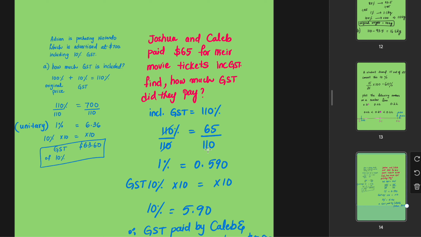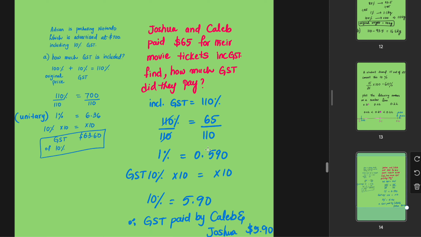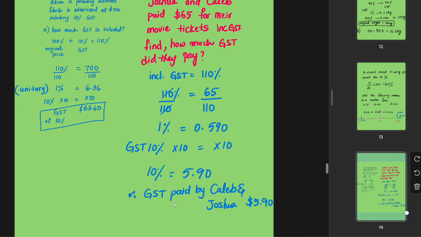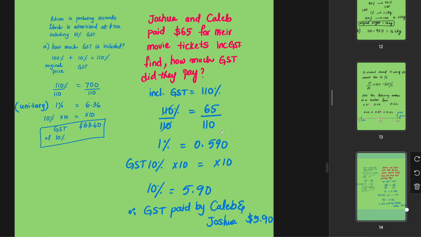Divide both sides with 110. That would give you 1% value, which is this. And to get to the GST, how much you paid, that's 5.90. So therefore, the GST paid by Caleb and Joshua is $5.90. I hope you're getting the hang of this.